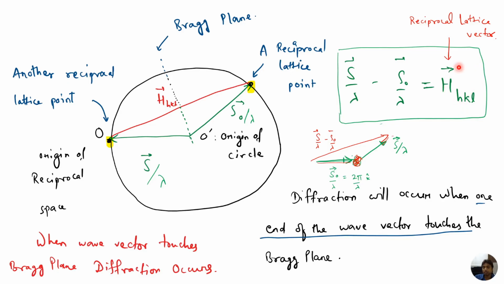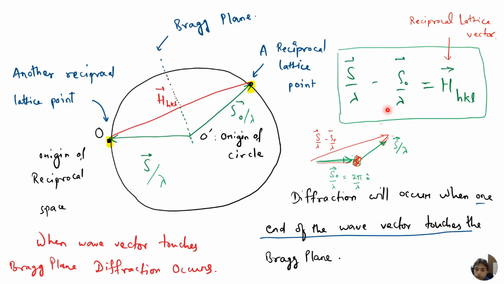This HKL is related to the family of planes in the reciprocal lattice. You can go through the last to last class, where we talked about how this is related to the real space. Now this is one of the advantages of coming to the reciprocal space.